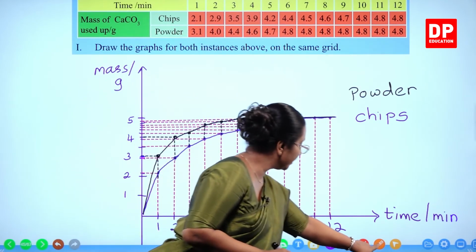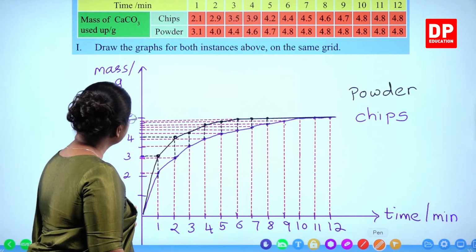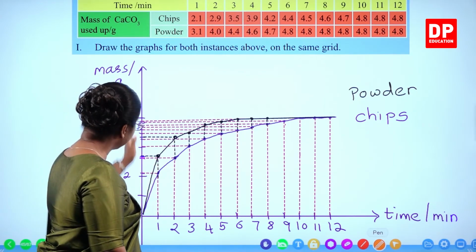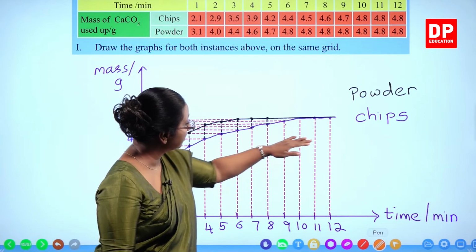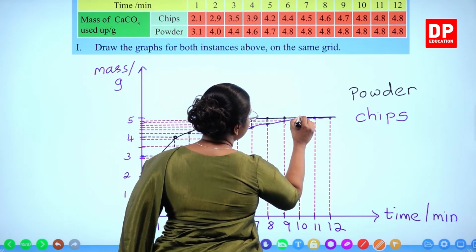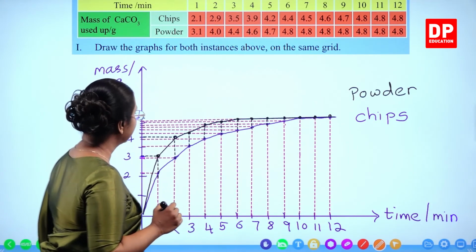Here you can see with time. Now we have the time calibrated in the x-axis and the mass of calcium carbonate that is used up in grams in y-axis, and we have plotted the graph marking all the points there. Here you can see there should be other points also because it's going to be a flat line there.